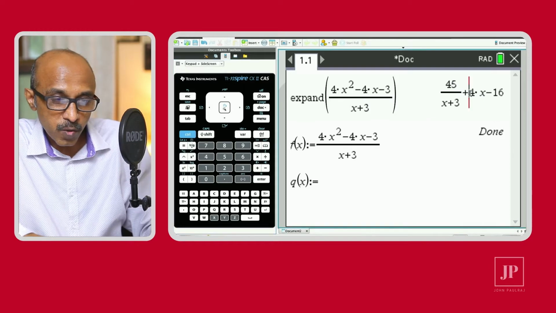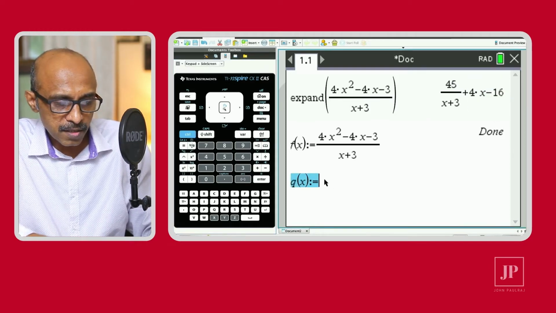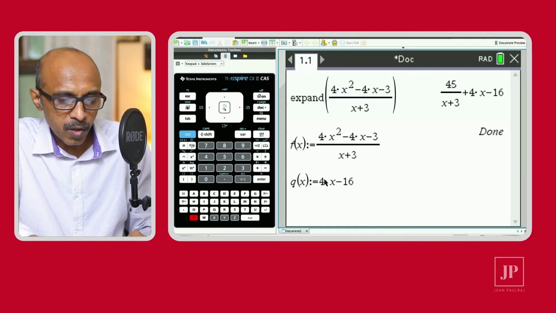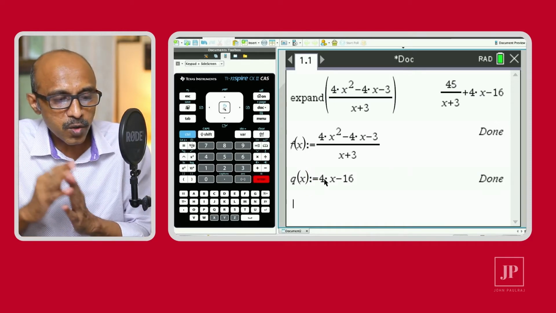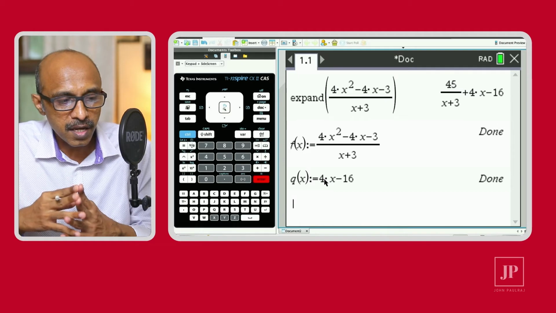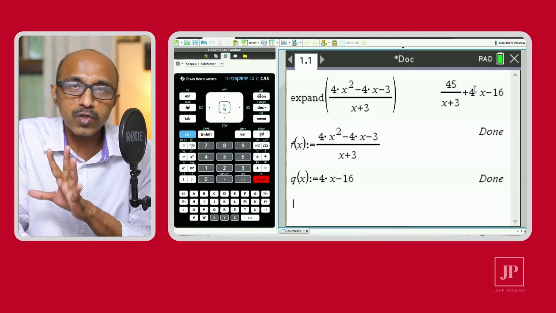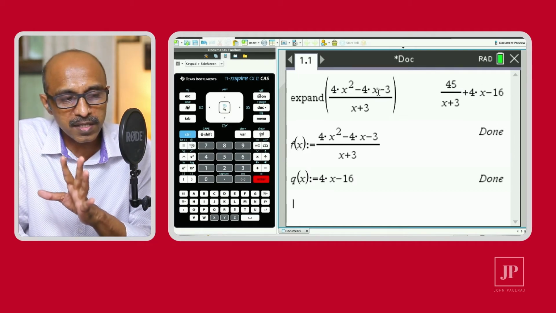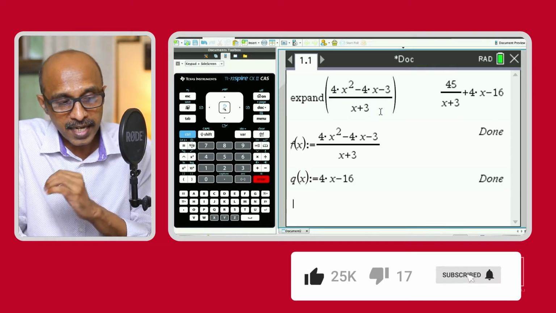This was our quotient, 4x minus 16. Copy, paste. Done. So f of x is the original rational function, and q of x equals 4x minus 16 was the quotient when you divide 4x squared minus 4x minus 3 by x plus 3.